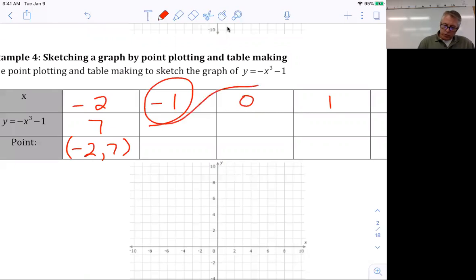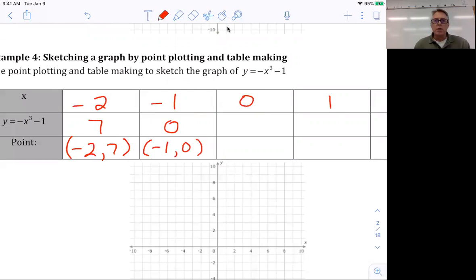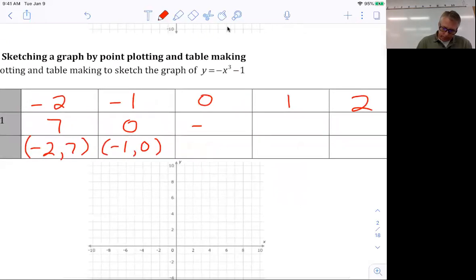When we take -1 and cube it, we get -1. So the opposite of that would be +1. And 1 minus 1 is 0. So negative 1, 0 is our next point. Now remember, plugging in 0, I love 0 because it's typically really easy to do. You plug in a 0 and we just get an output of negative 1.